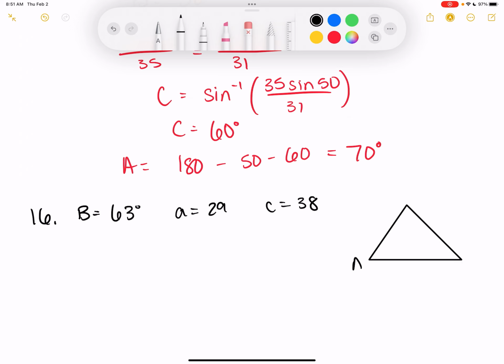So A, B, C. Then we're given angle B is 63 degrees, side A is 29, side C is 38. So I'm trying to find angle A, angle C, and side B.